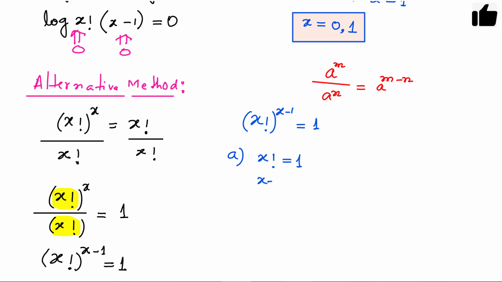Of course, x minus 1 belongs to the real numbers. If x factorial is 1, then any power of 1 is 1. So in this case, if x factorial is 1, this means x equals 0 or x equals 1.